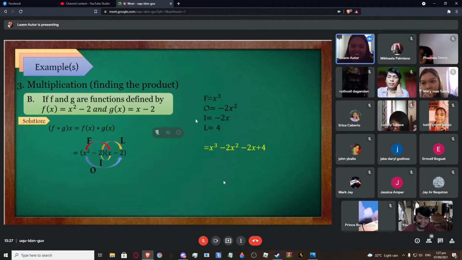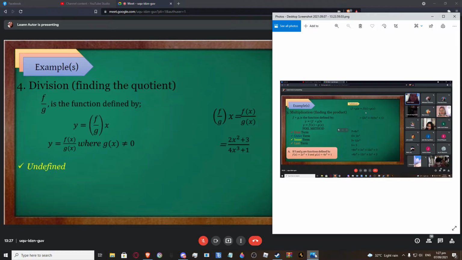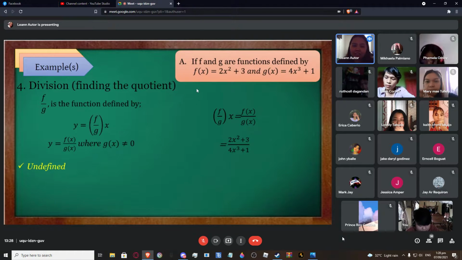Sakto ba Jordel? Alright. Sige, mag-proceed na ta sa division. Alright. So in division, again, we're going to use the formula y is equal to f of x over g of x, where the g of x must not be equal to 0. Tama to. Alright, here again, we have a given function, f of x and g of x.